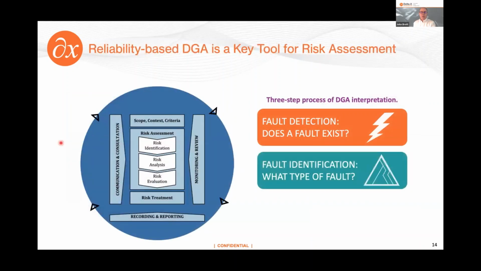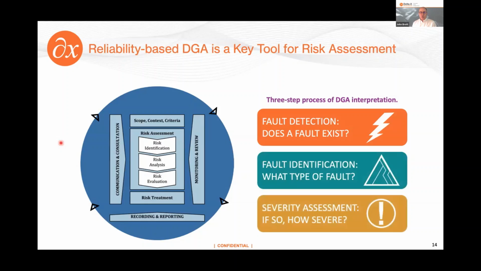All right. So it's really short and to the point today. You look at the ISO model and you recognize that DGA itself is a three-step process that very much is a risk assessment tool. That's what it's here for.